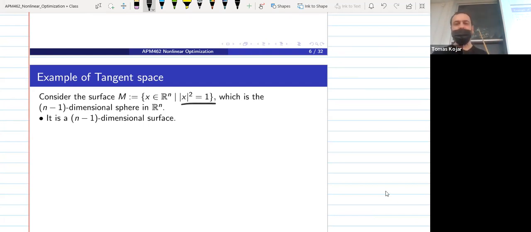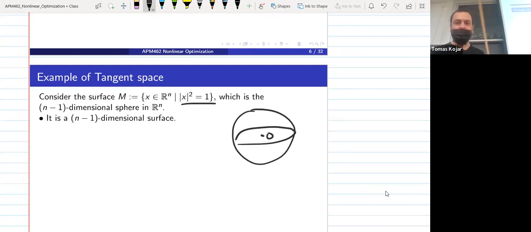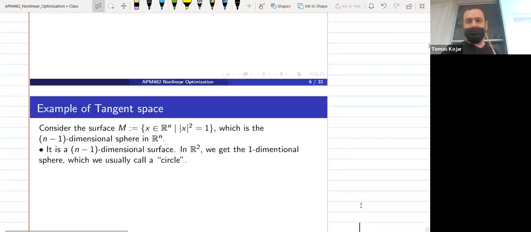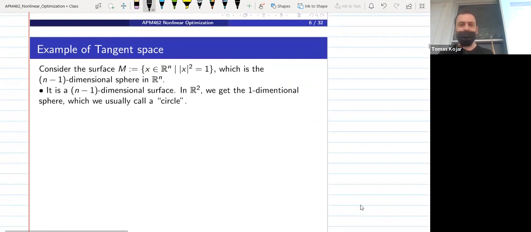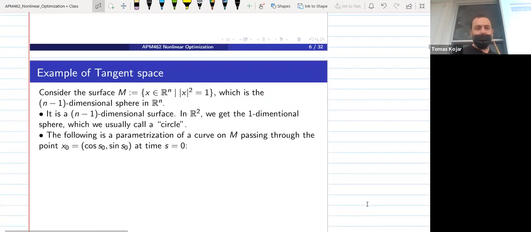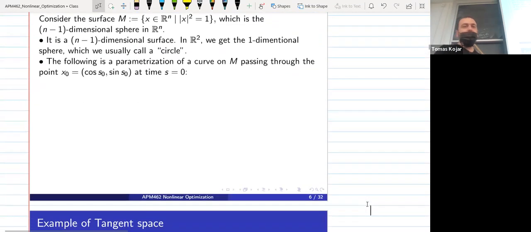The sphere is all the points that are equidistant from the origin, Euclidean distance 1. I'm going to compute some tangent spaces. In R2, we just have the circle. Yeah, we're doing 2D.